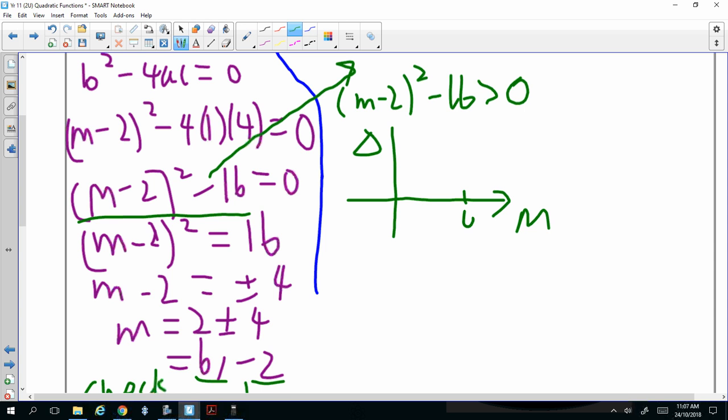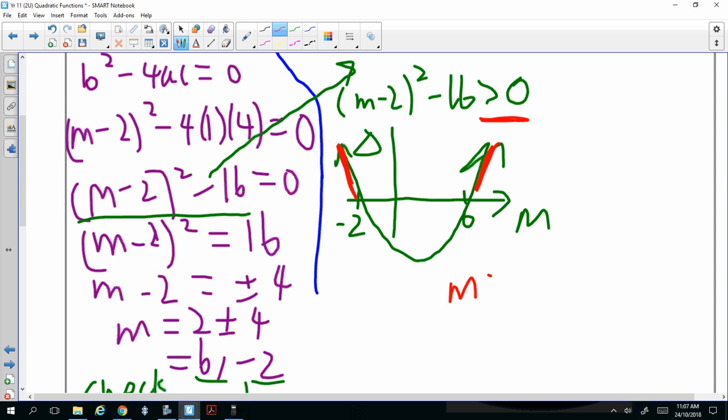And then which part do we look at? Bigger than 0, above the x-axis, or in fact the horizontal axis. So in that case, m has to be more than 6, or m has to be less than -2. Any question?